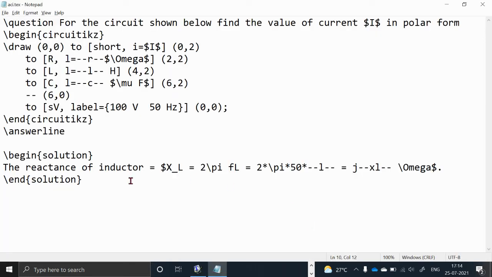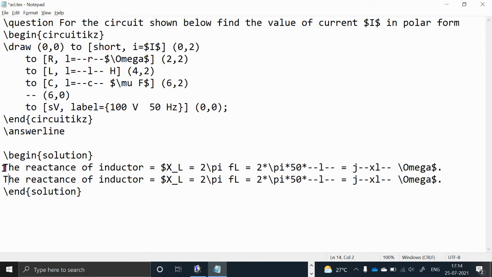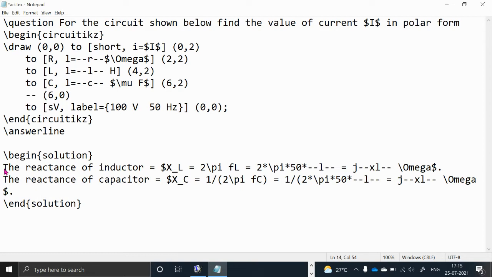Now let's add more steps to our solution. So simply go to this and add one more step. The reactance of the capacitor, XC, is 1 divided by 2 pi f C. So that will be 1 divided by 2 into pi into f into C, so that will be entirely minus j, and here XC.